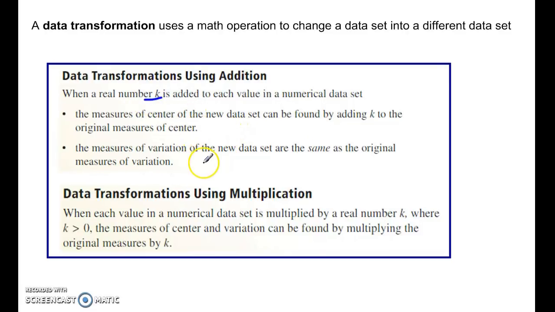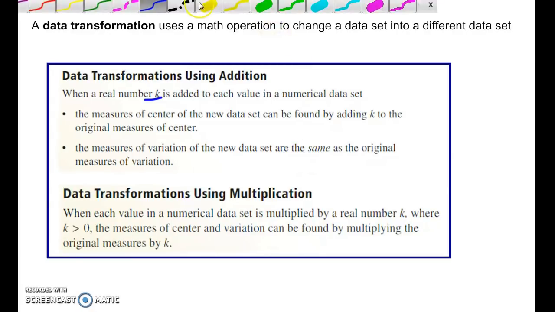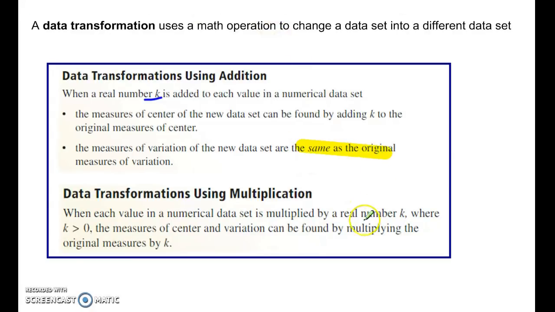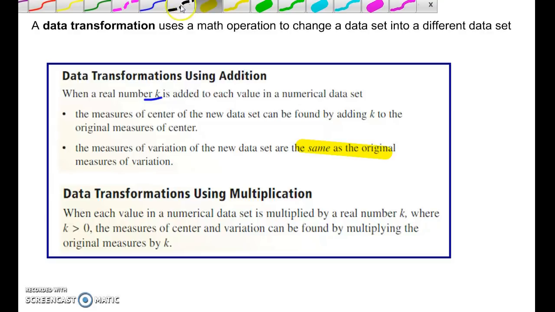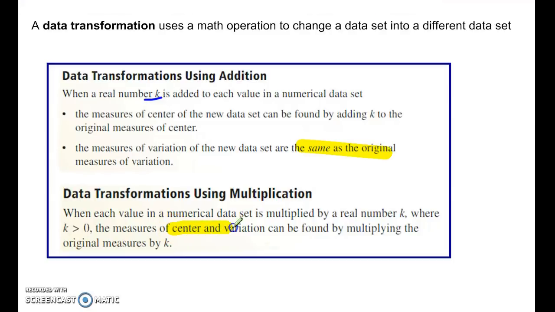The measures of variation are the same as the original. Range stays the same. If I use multiplication, then I can find the new measures of center and variation by multiplying the original measures by k.